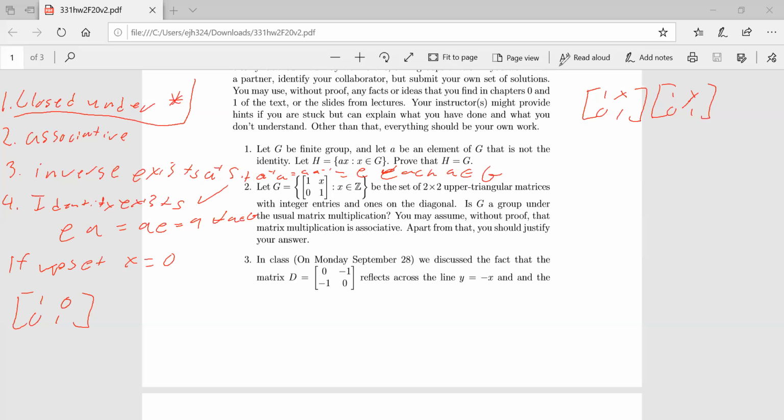Benjamin, is this closed under multiplication? Ben Castle? No? Pedro, is this closed under multiplication? I don't think so. Okay. Somebody do this multiplication for me.